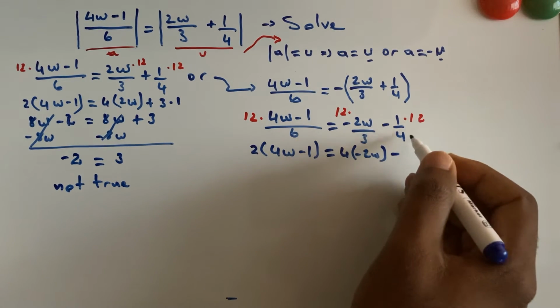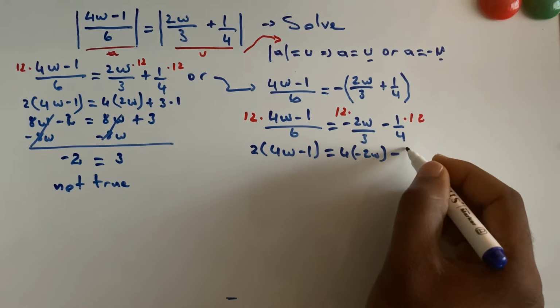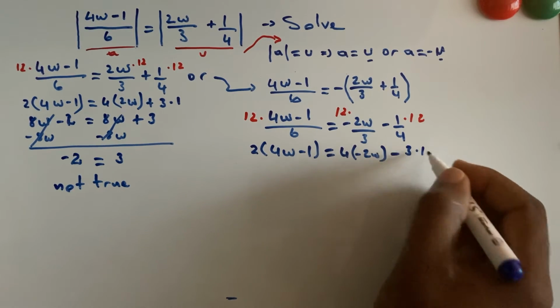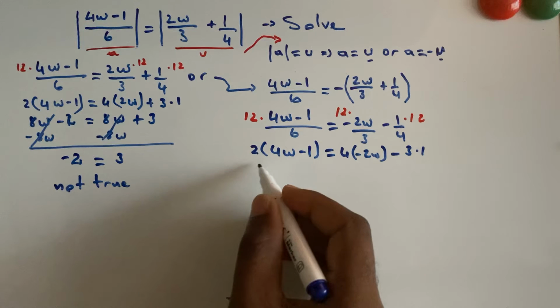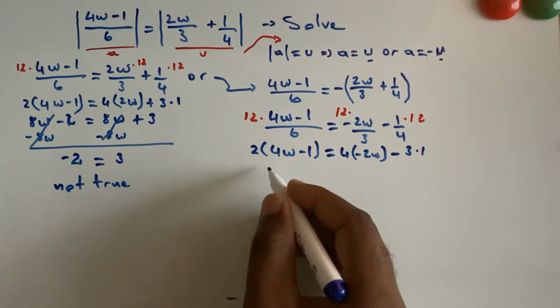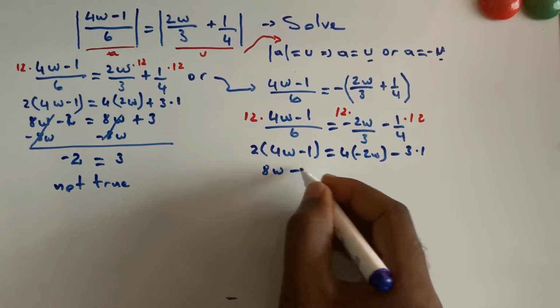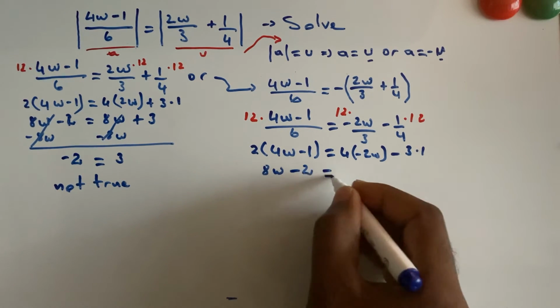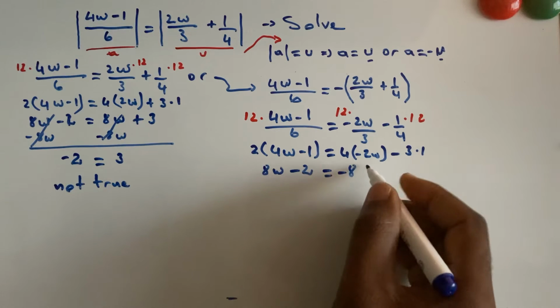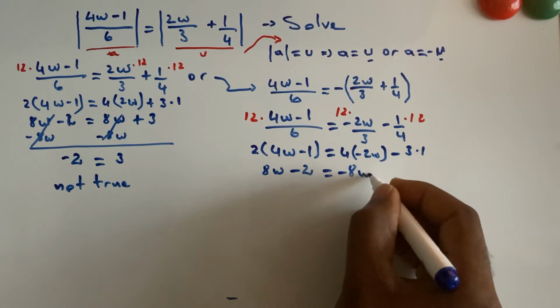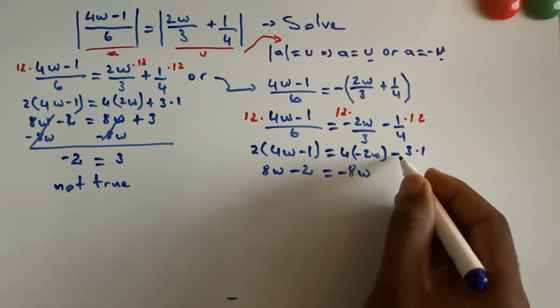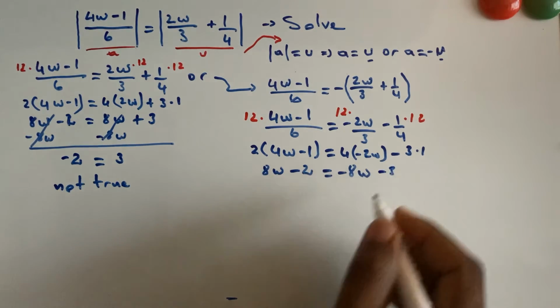Minus, 4 goes into 12 3 times. So again, 3 times 1. Okay, and we keep moving. So 2 times 4w, that's 8w. 2 times negative 1, that's negative 2, equals negative 8w. Okay, 3 times 1, negative 3.